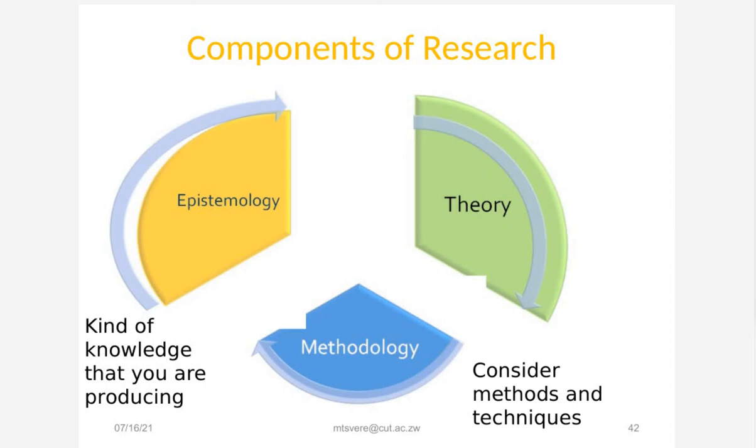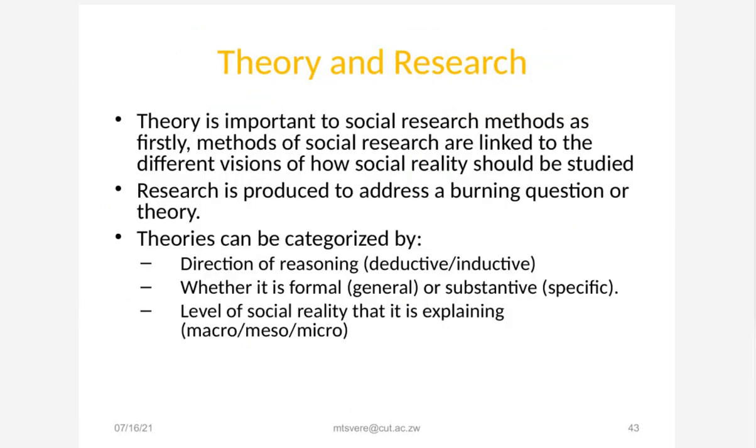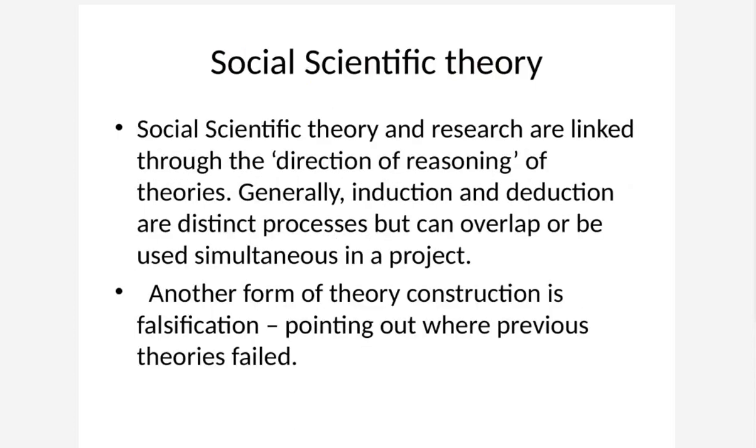And epistemology, the kind of knowledge that you are producing. What type of knowledge are you producing? All these three must be understood by a researcher. And this is the reason why we say if you are to do research, introspect. Always think about what you are.